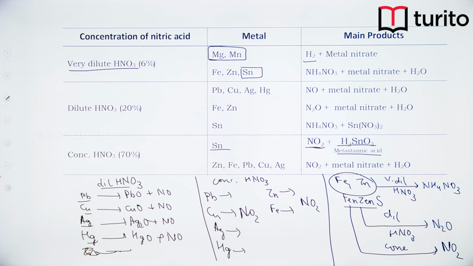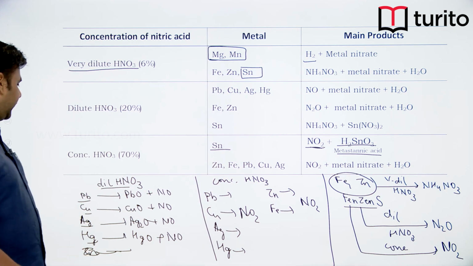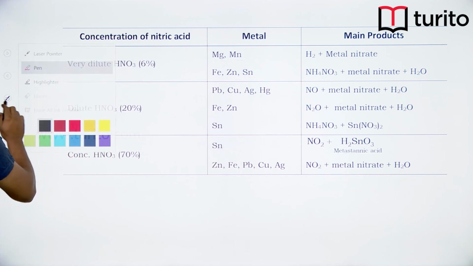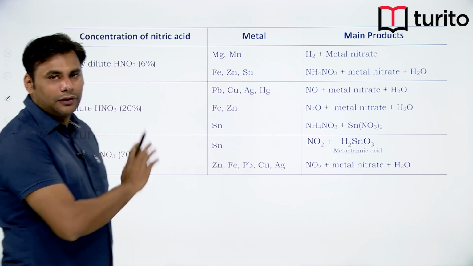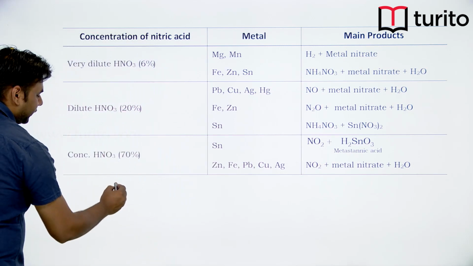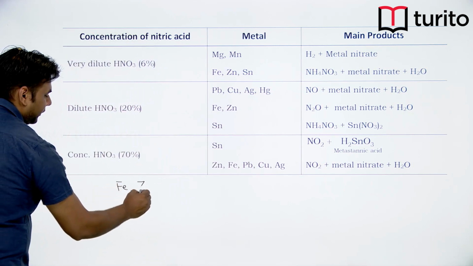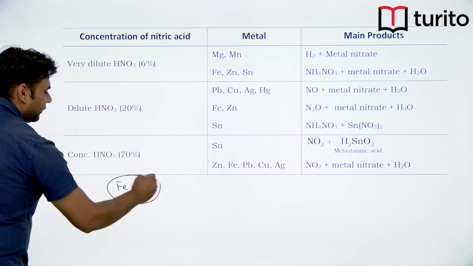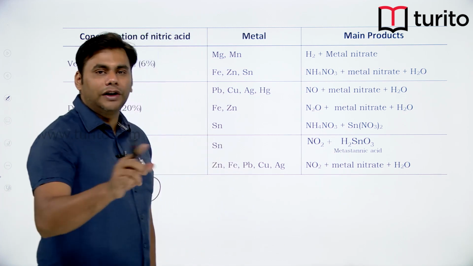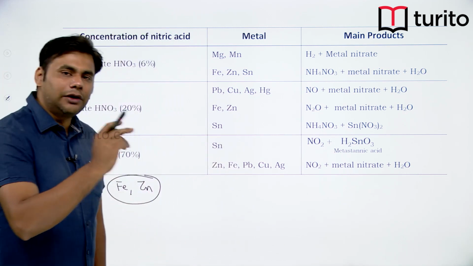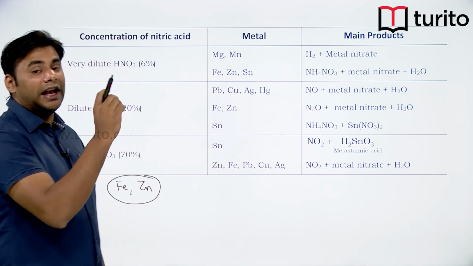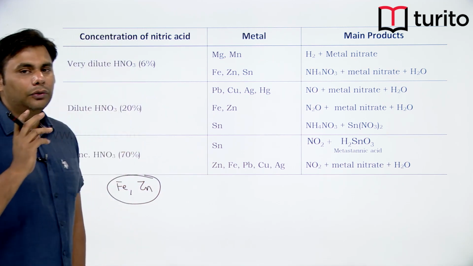Let us quickly do the reactions, without looking at the table that has been given to you. Let us start with Fenzens. Iron with very dilute HNO3 gives NH4NO3, with dilute HNO3 N2O, with conc NO2.